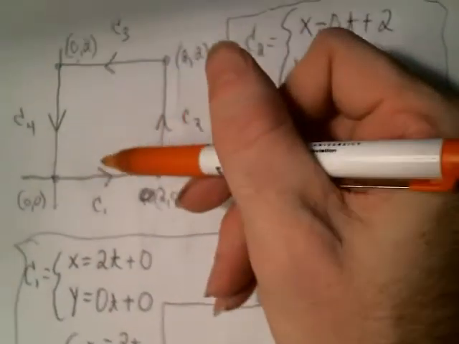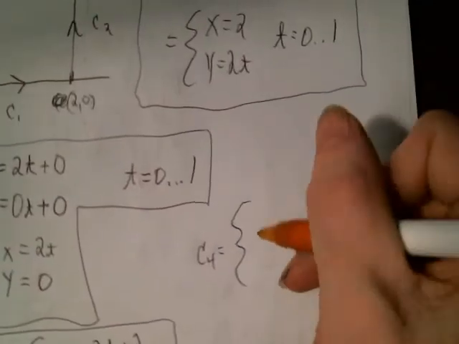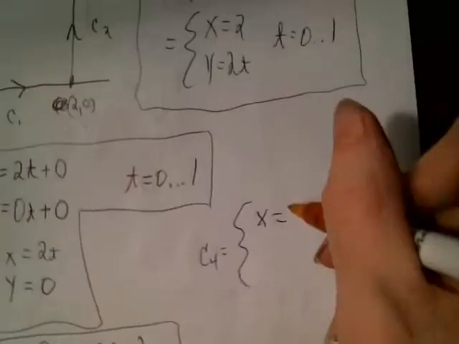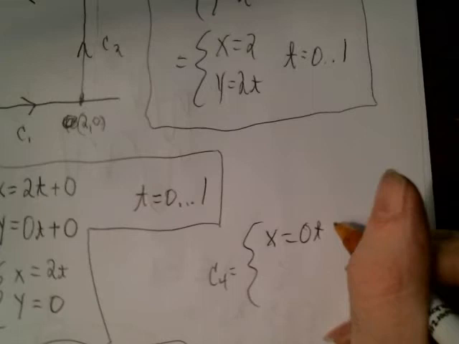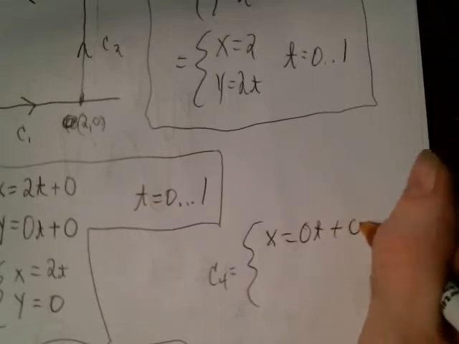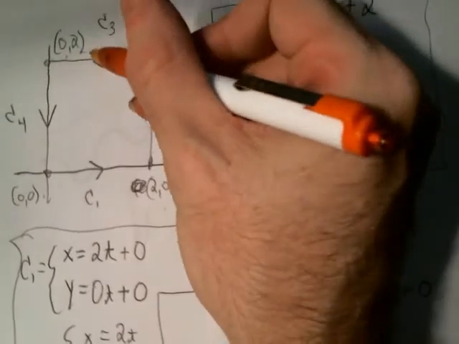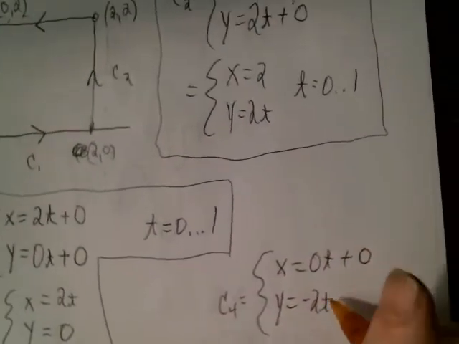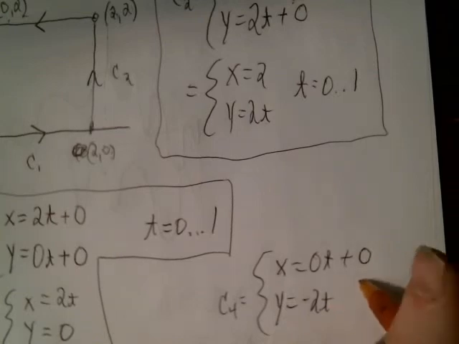Going back down this way on the box, I'll have x with x slope 0 minus 0, so 0t, and then the x coordinate is 0. And then the y slope is 0 minus 2, so minus 2t, and then the starting y coordinate is 2.